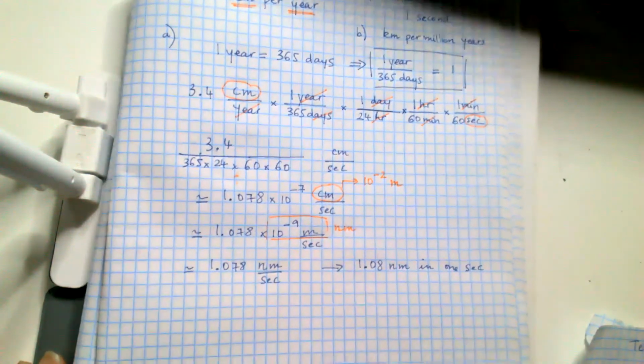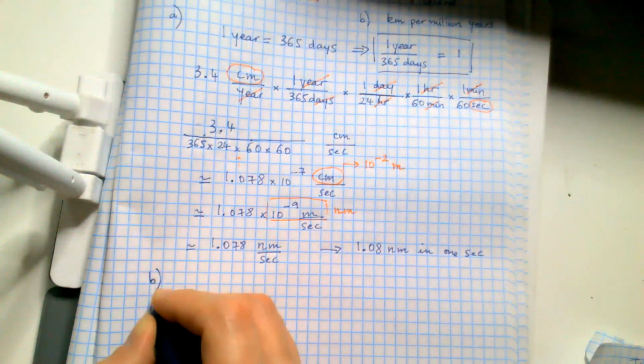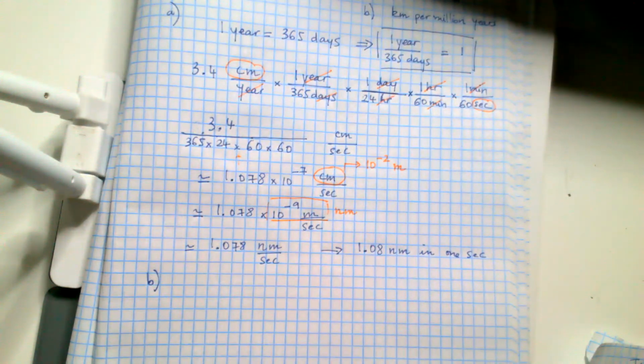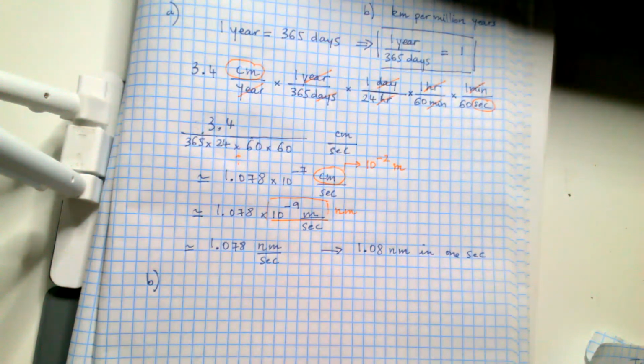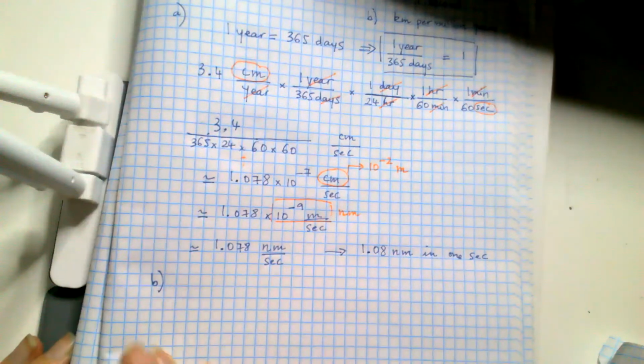All right, really quick, let's do part B. In part B, we were now looking at changing that to kilometers per million years. All right. Okay, so let's see.